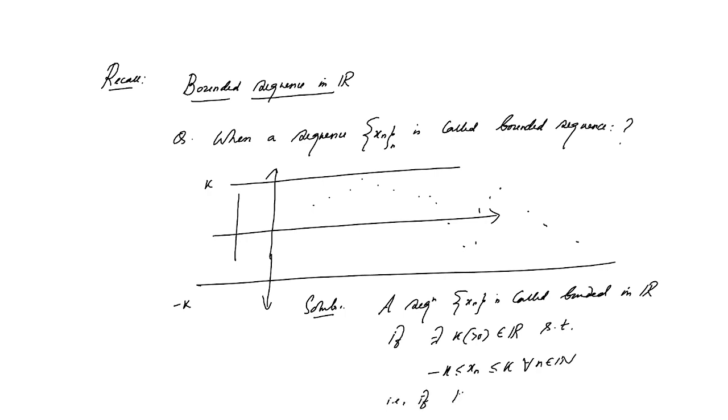That is, if mod of xn less than or equal to k for all n belongs to natural number, then the sequence is called bounded.